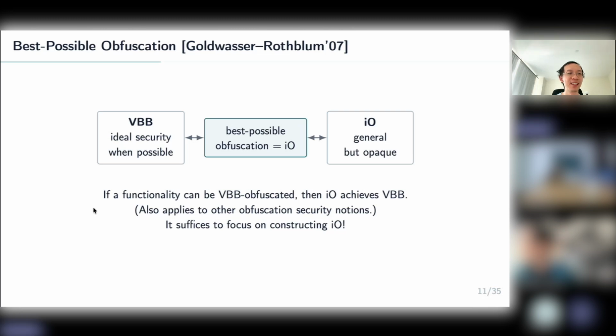So morally, if some other obfuscator can achieve some functionality, then best possible will also achieve it, because by the simulation property, you can simulate their view just having the other obfuscator's output.